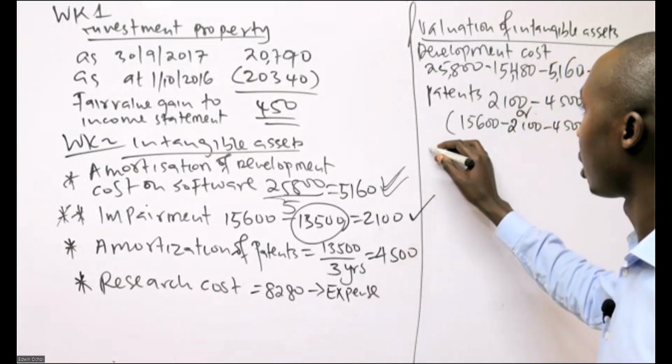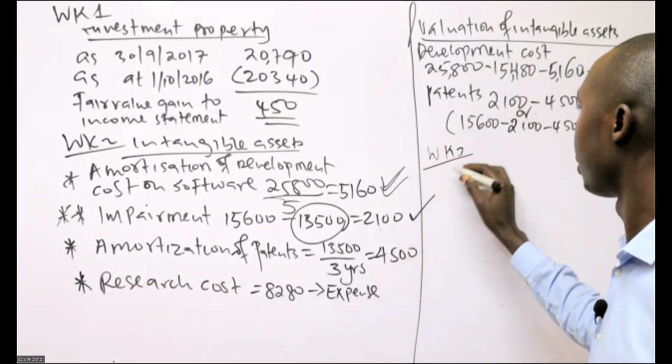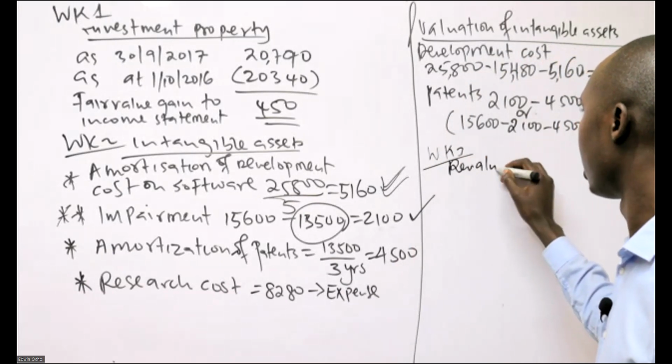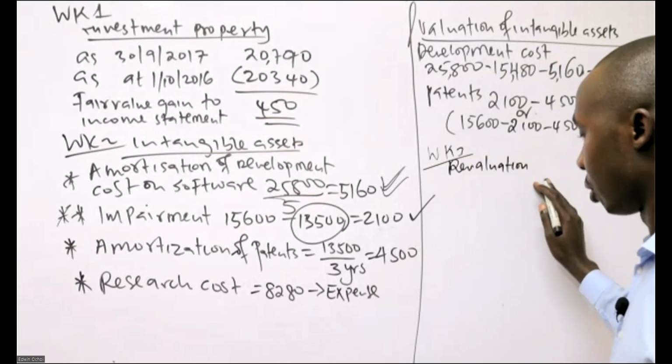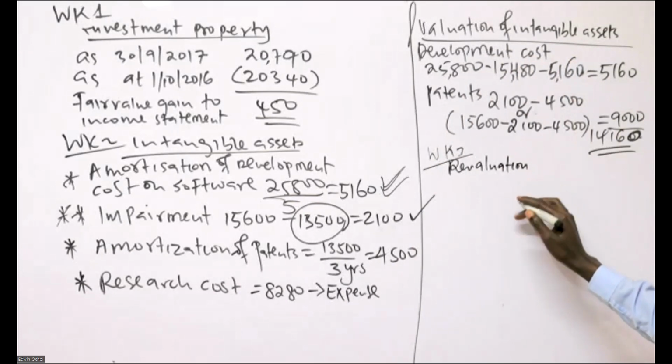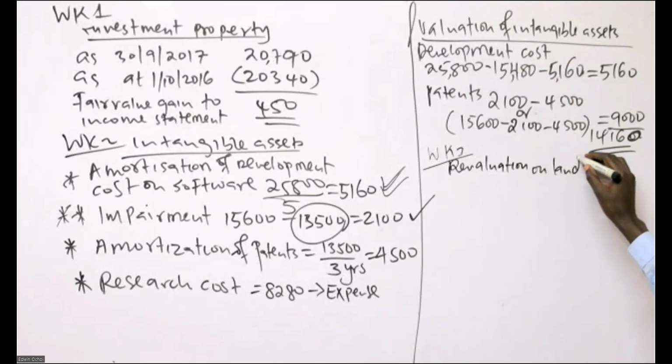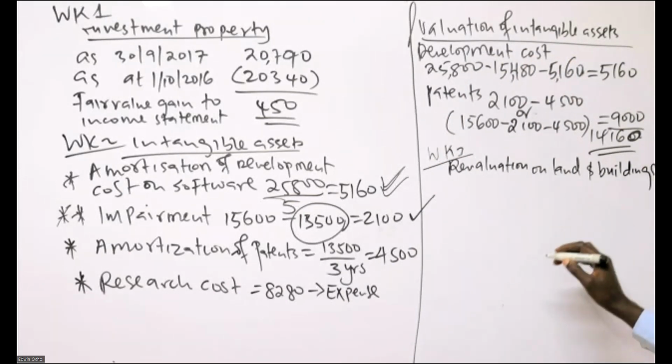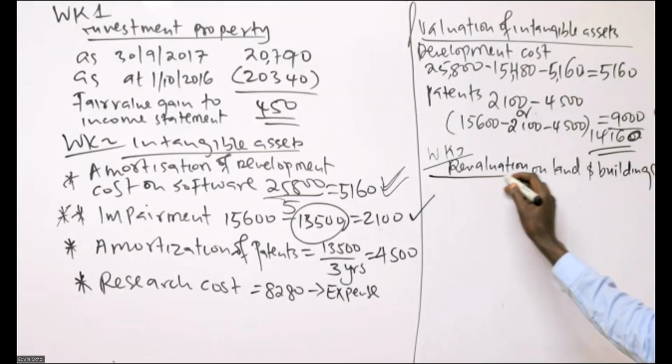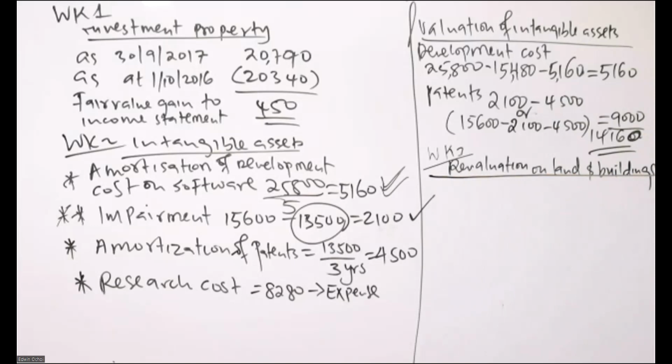There is another working, working 3. So we determine a revaluation on land and buildings. So we have land and we have buildings.